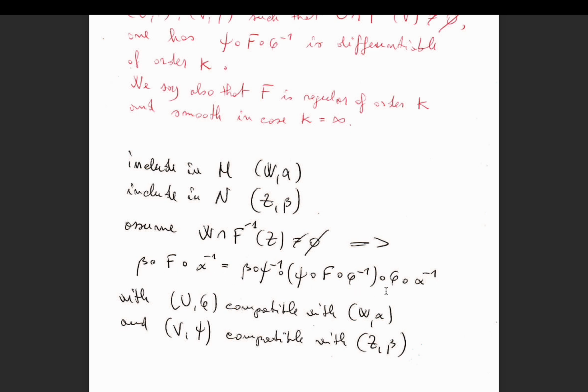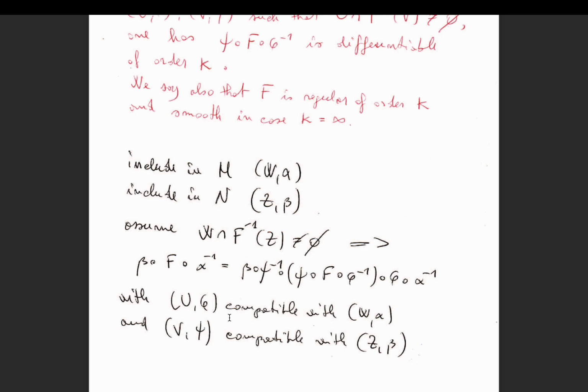Now let us consider two other charts, one for M and one for N: a chart for M denoted by (U, phi), and a chart for N denoted by (V, psi).